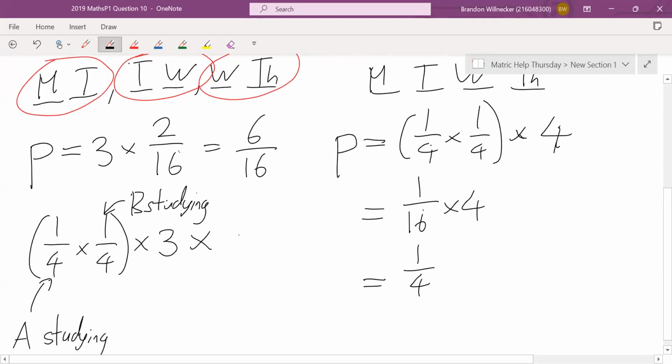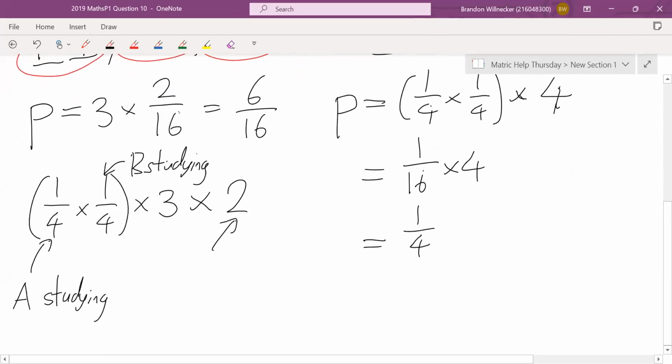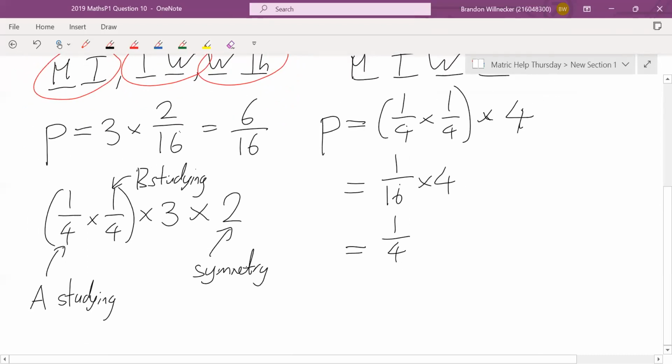However, we need to multiply this by 2 because of the symmetry of the problem. So let's just write here symmetry, because we don't know who is studying on which day. Maybe Ben is studying on the Monday, Anna is studying on the Tuesday, or Anna is studying on the Monday, Ben is studying on the Tuesday. Each of those give an extra possibility.